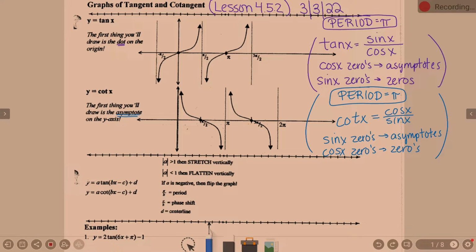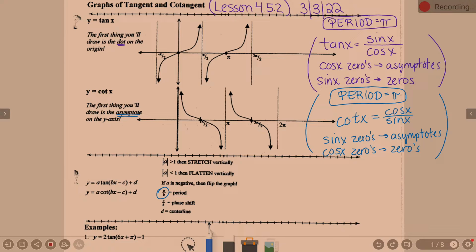Notice, here's the big change. What was our period previously? 2 pi divided by b. But now my period is pi divided by b. Why is my period pi divided by b? Because my basic period is only 1 pi.